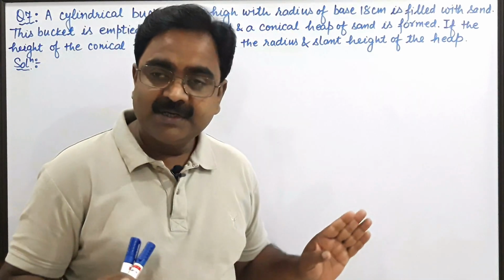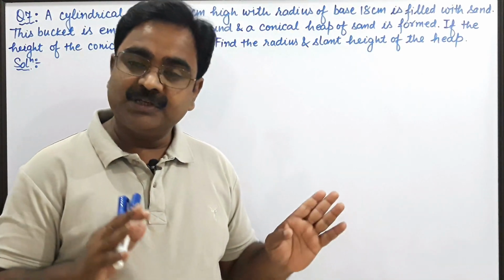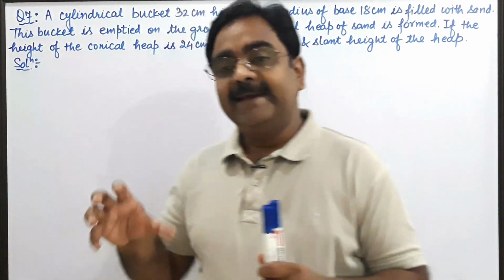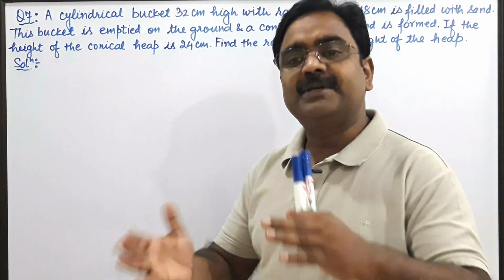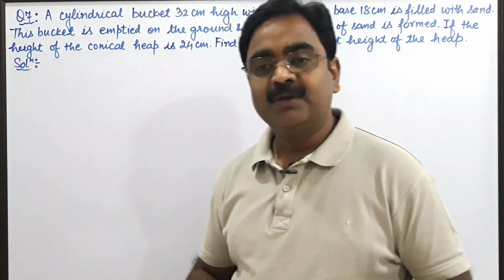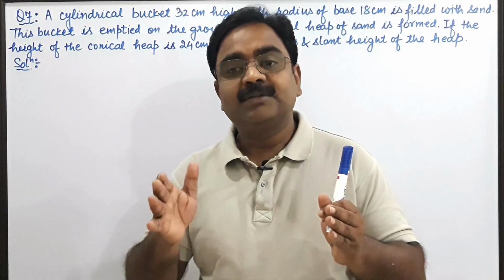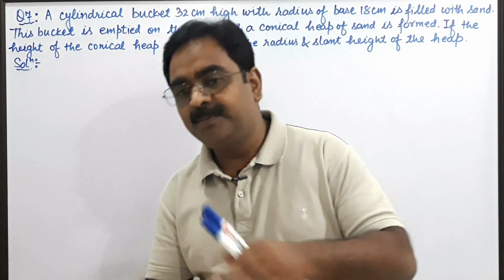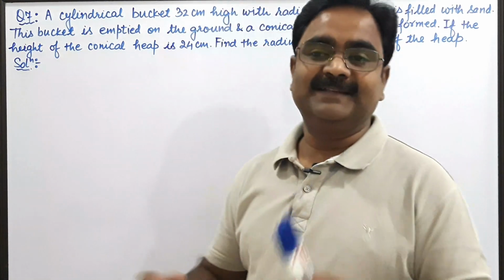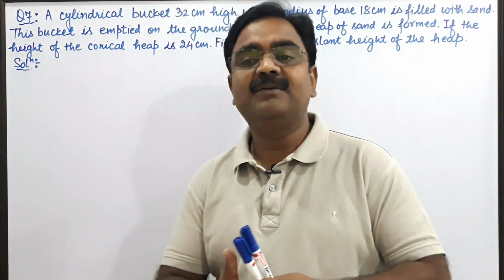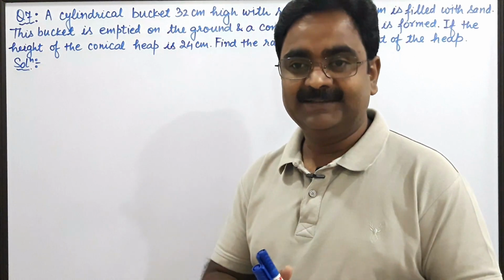So dear friends, I think आपको इस क्वेश्चन का मीनिंग समझ में आ गया होगा. एक बार फिर मैं एक्सप्लेन कर देता हूँ. एक सिलेंड्रिकल बकेट है जो कि सैंड से कंप्लीटली भरा हुआ है. उस सिलेंड्रिकल बकेट के सैंड को ग्राउंड पे निकाल दिया जाता है. तो जब ग्राउंड पे निकाल दिया जाता है तो वो कोन का फॉर्म बनता है.